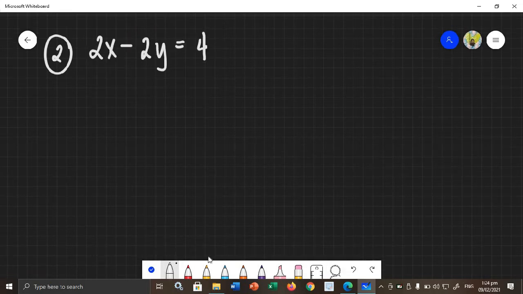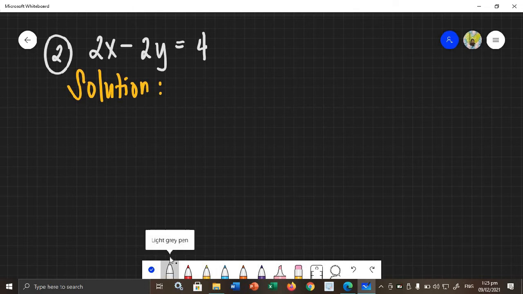So, of course, next step that we need to do for us to graph this linear equation is to create a table of values. So, maglilimit lang tayo always sa two values or two x-coordinate and y-coordinate kasi we are just using 2 points. 2 points lang naman. Okay?